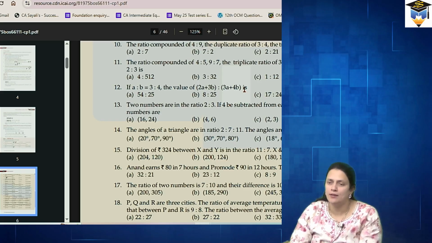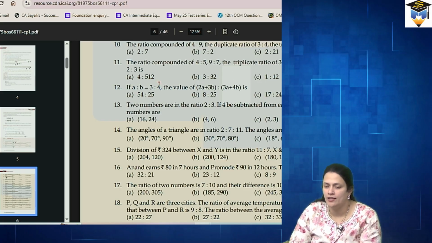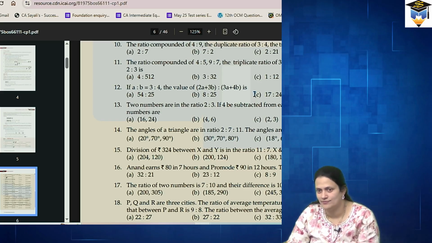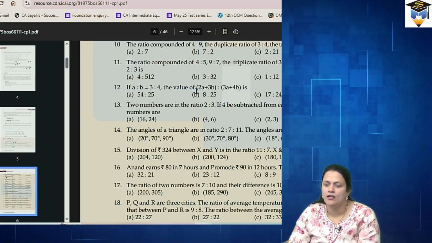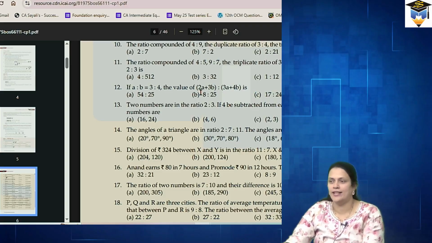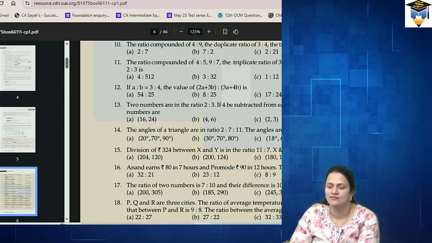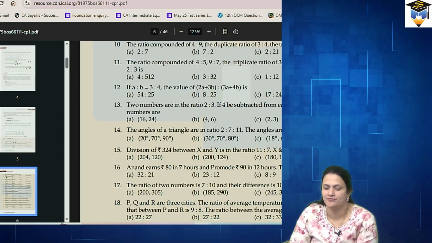So find out 2a plus 3b: 2 multiplied by 3 plus 3 multiplied by 4, that is 18. And 3a plus 4b is 3 multiplied by 3 plus 4 multiplied by 4, that is 25. So 18 is to 25, option D is the correct option. Substitute the values of a and b and find out.